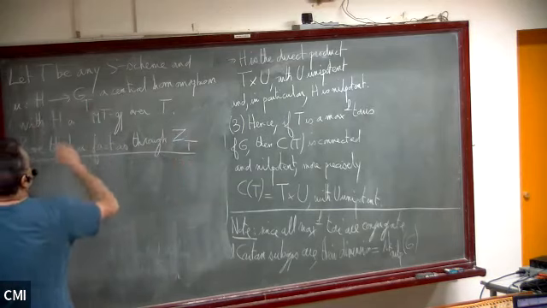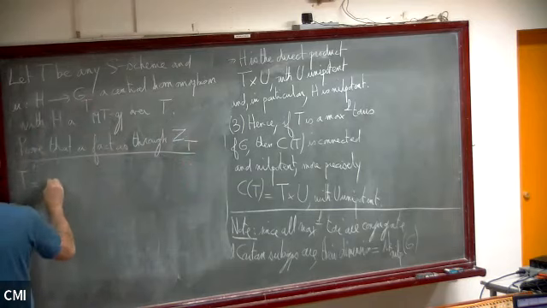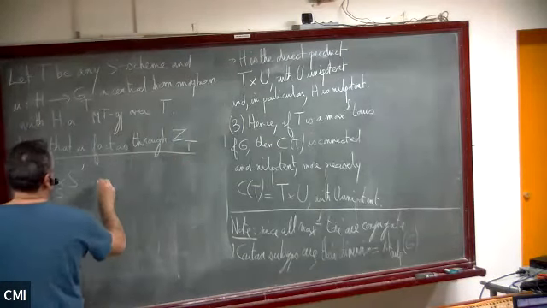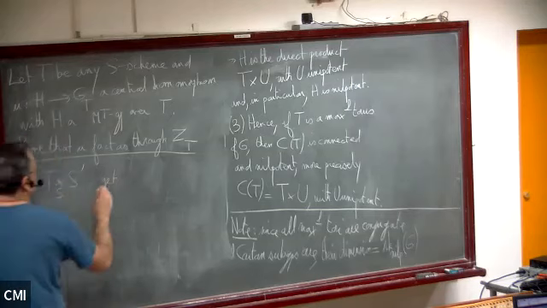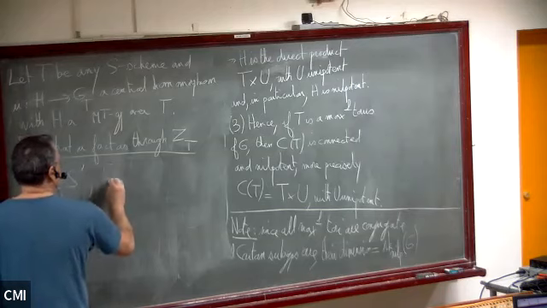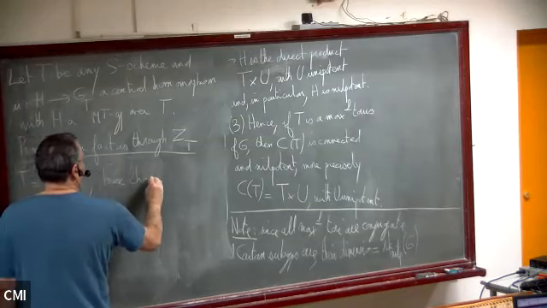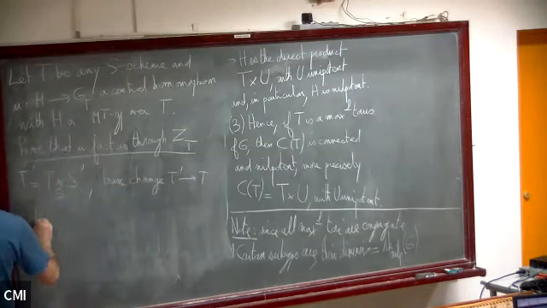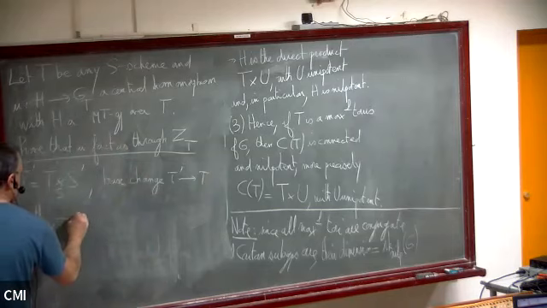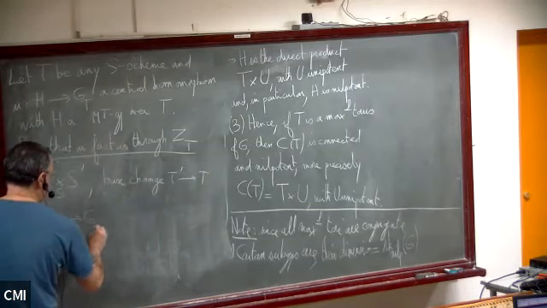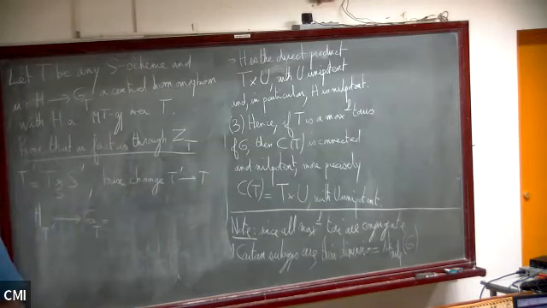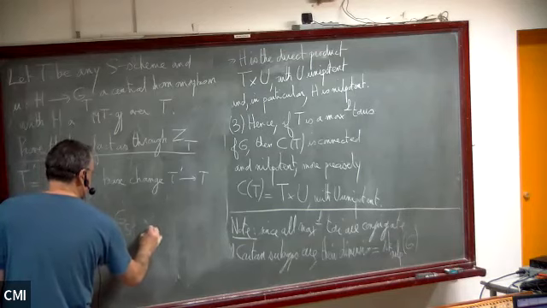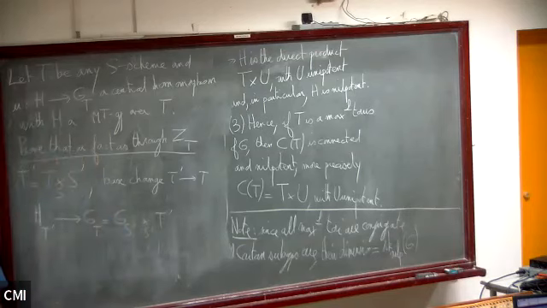So we are going to base change this. Let T prime be the base change, and let's make the base change from T prime to T. So we get a morphism from H_T' to G_T', which is G_S' over S' T'.